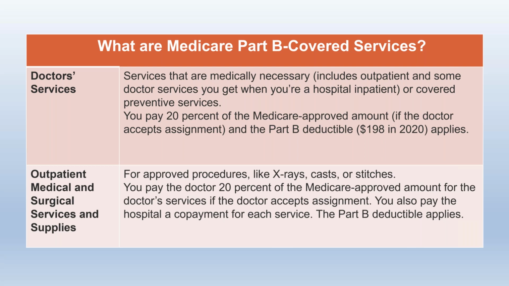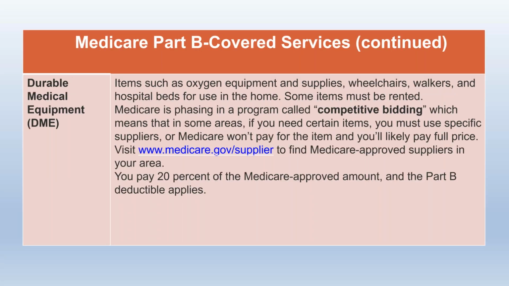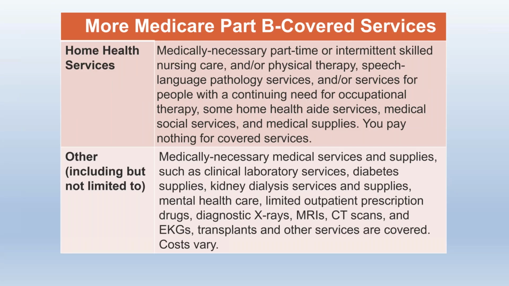Medicare Part B covered services continued. This includes durable medical equipment, items such as oxygen equipment and supplies, wheelchairs, walkers, hospital beds, etc. More Medicare Part B covered services, home health services, such as part-time or intermittent skilled nursing care, and physical therapy or speech language pathology services, and or services for people with a continuing need for occupational therapy.